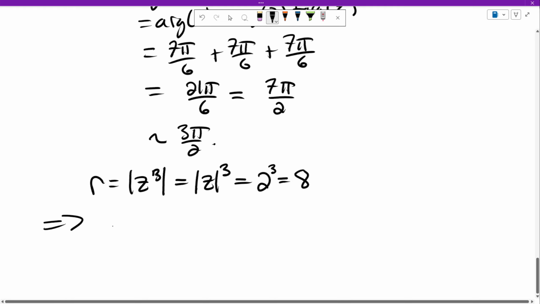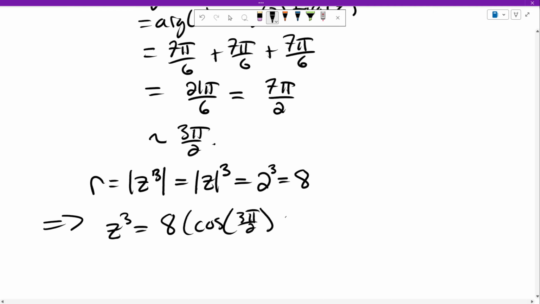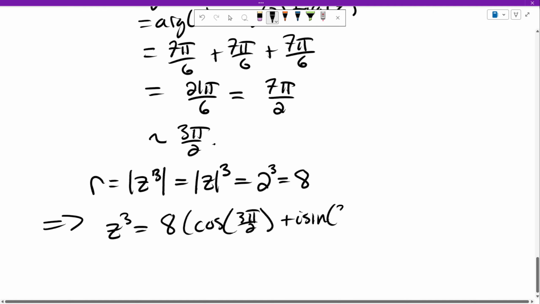So this is telling us that z cubed is, of course, our r, which is 8, times cosine of our angle plus i sine of our angle. So that's going to be 8 times cosine, this is 270 degrees, that's a 0, and then sine of 270 degrees is a negative 1. So we get negative 8i as our computation for z cubed.